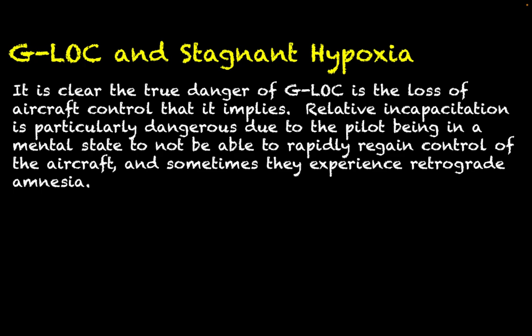So, relative incapacitation, the second stage, is particularly dangerous because the pilot, even though they've woken up, is not in a mental state to be able to rapidly regain control of the aircraft. And sometimes the real danger is that they experience some retrograde amnesia. They can't remember how they got there or what the nature of the gravity-induced incident was.